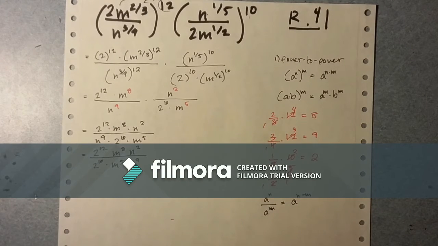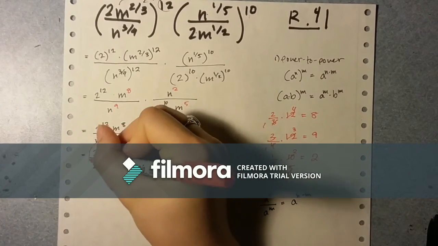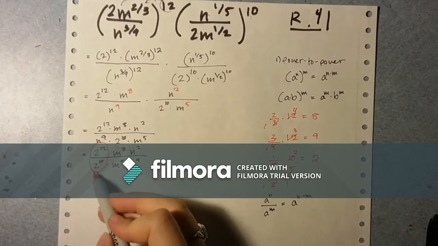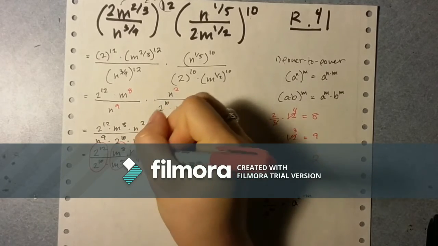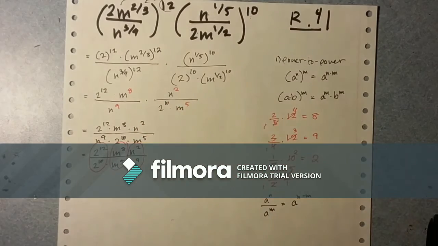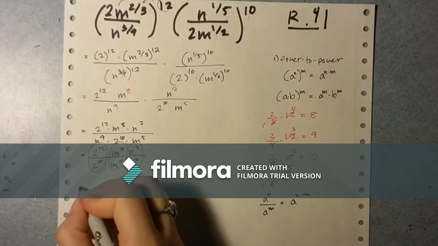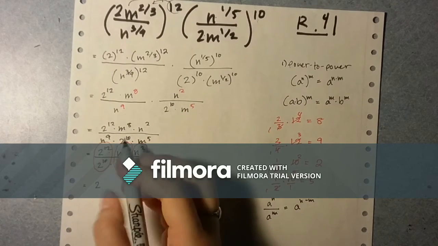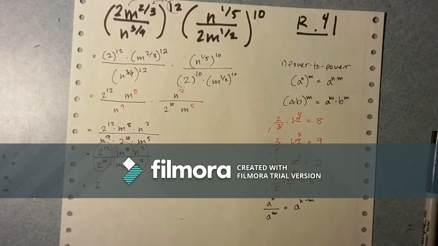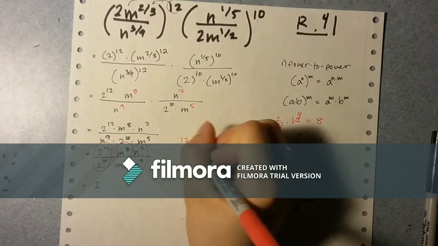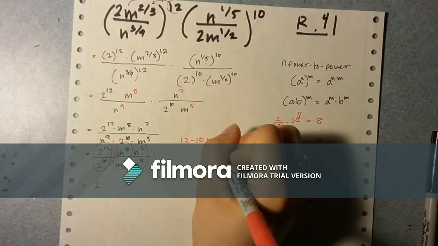Now, if you'll notice, this is set up like this rule. I have the 2 to the 12 and 2 to the 10, same bases. Got same bases and got same bases. So now I'm going to use this rule: keep the base and subtract the exponents. 12 minus 10 will give me 2.